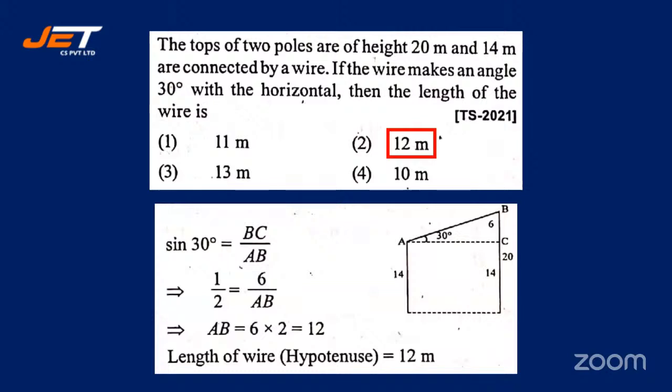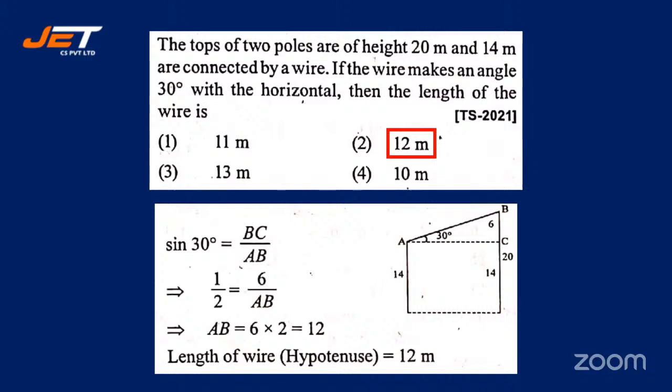So you have two poles. Okay, so one pole is of height 20 meter and the other 14 meter, connected by a wire. If the wire makes an angle of 30 degree with the horizontal, then the length of the wire is dash.